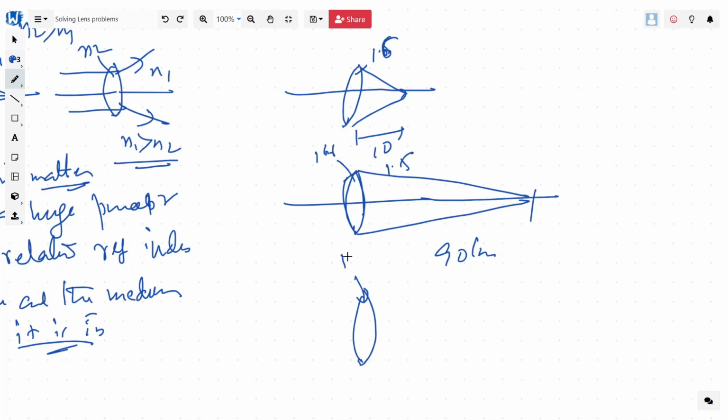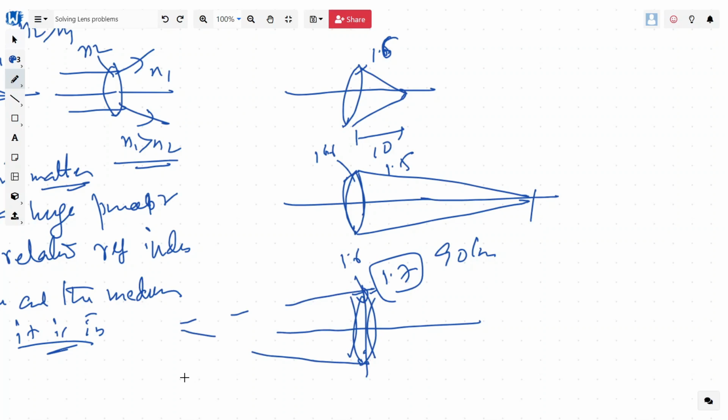So we have this 1.6 now immersed in a liquid 1.7, right? It starts acting as a diverging lens, and the focal length becomes negative, and in this direction changes from 10 centimeters positive, right, to minus 102 centimeters. So there's a huge change in the focal length.